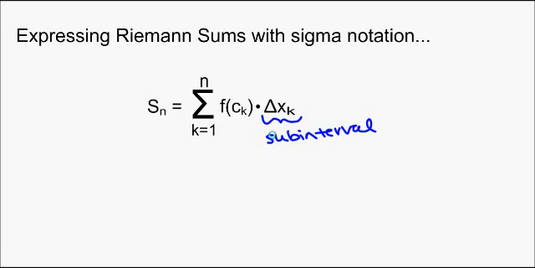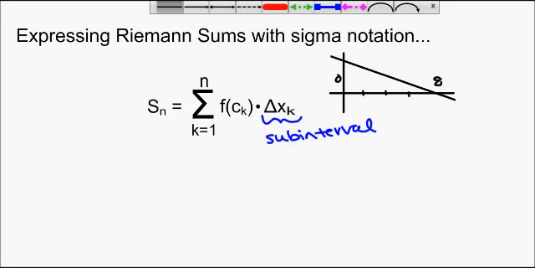So remember today, if we're looking at our graph, maybe this is the curve that we're looking at, really it's a straight line. So if this was 8 and this is 0, and I partitioned this into 4 equal pieces, then my subinterval is each one of these, which is 2.